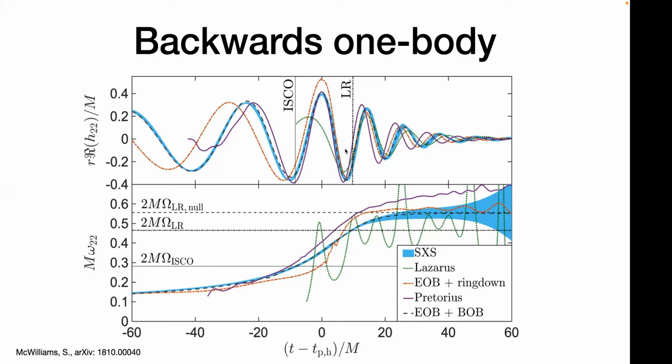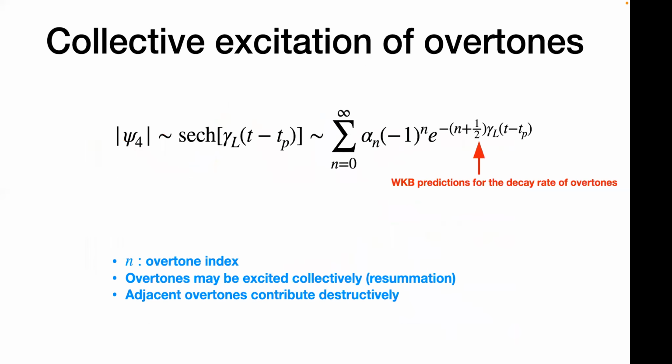Yeah, I have two questions. One is about this alpha, and theoretically, we need to fix this alpha. Normally, we fix the alpha by matching with the merger or in-spiral fields, right?